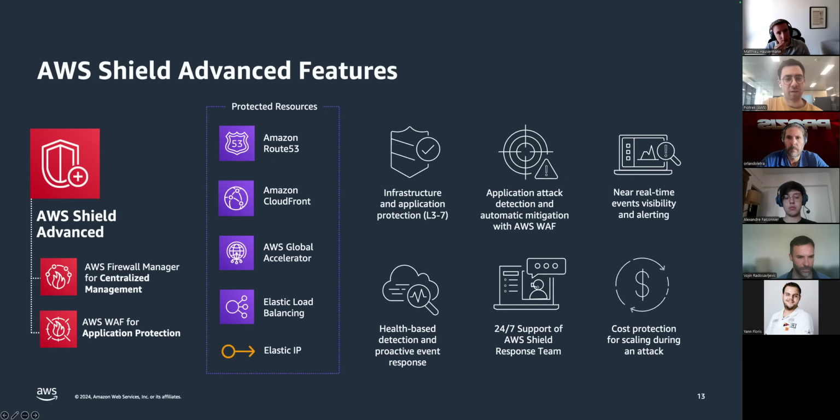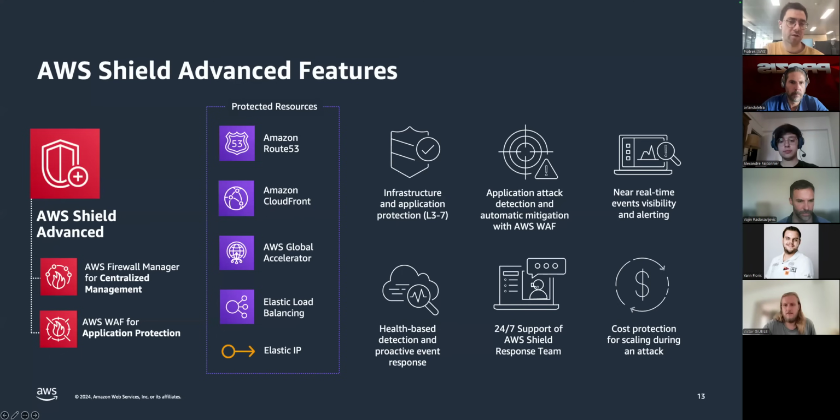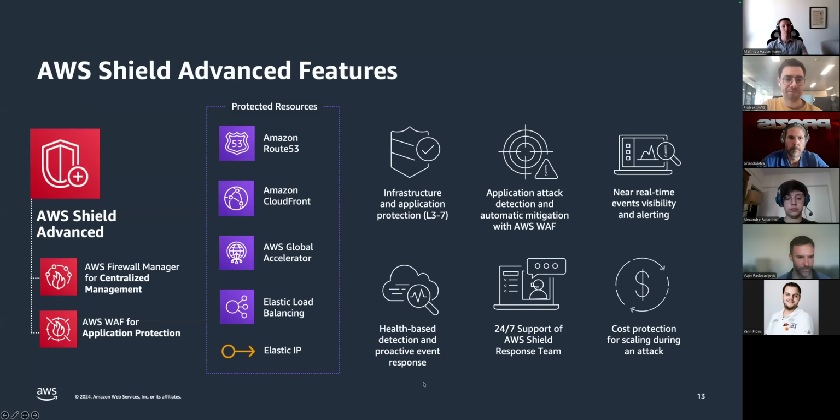Because we are protecting availability of applications, you can define, for example, latency thresholds or status codes that are considered to be successful from your application. And Shield Advanced will take this into consideration when detecting attacks and engaging Shield response team.